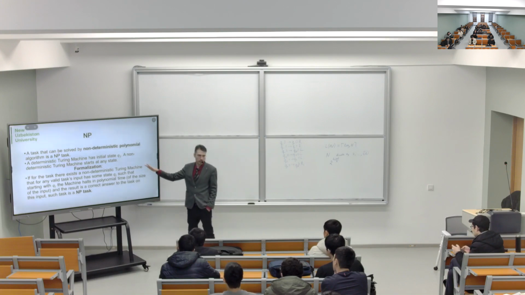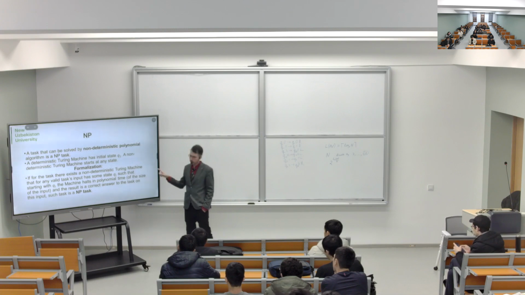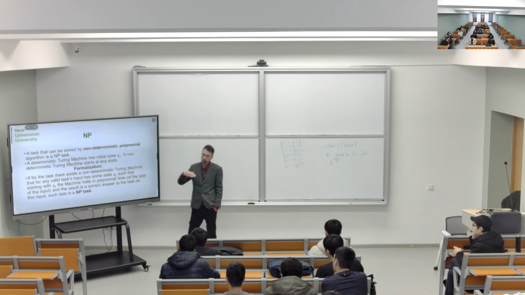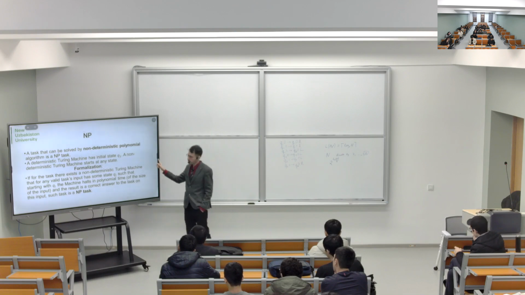Let's give another example of a non-deterministic polynomial definition. This one definition is very hard to check, because you need to solve it for any task. So we can have another definition.